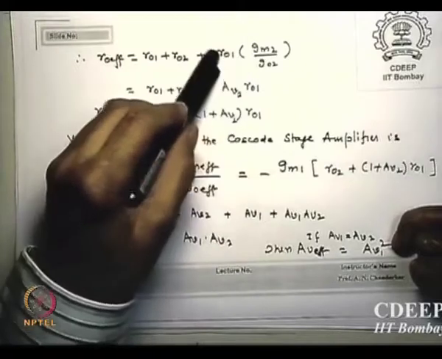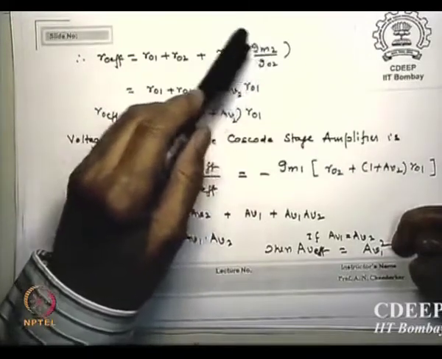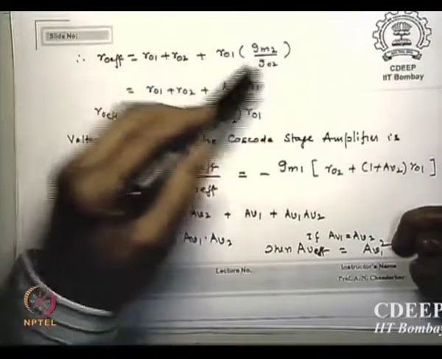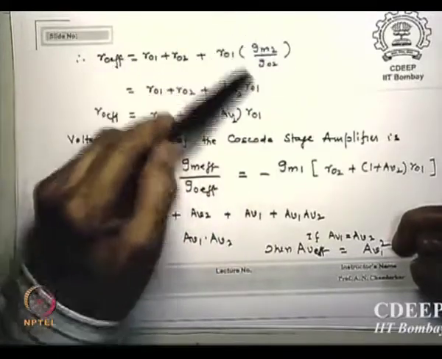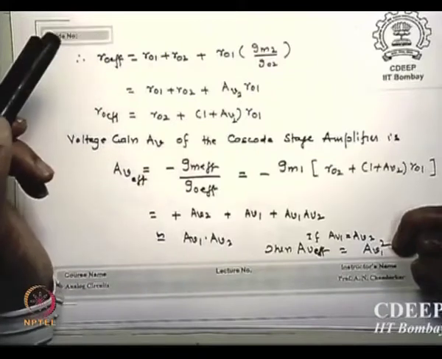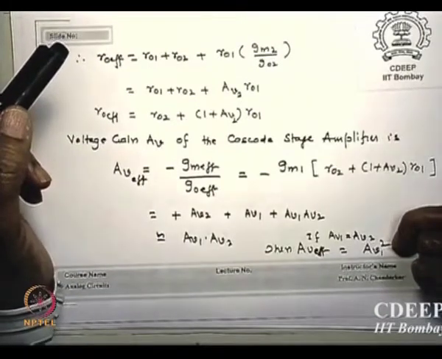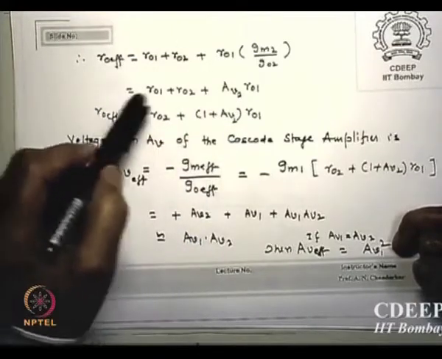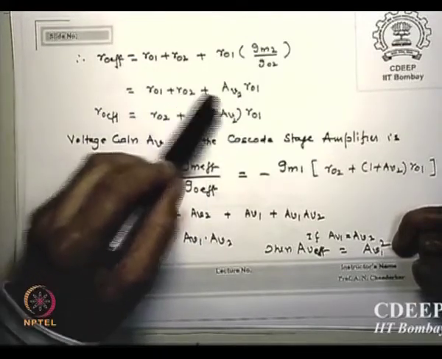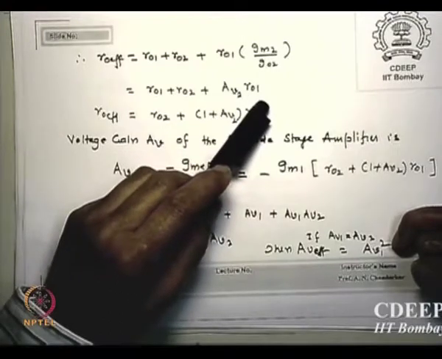This 1 upon GO1 I made into RO1 into GM2 by GO2, or GM2 RO2 also you can write, okay. But what is GM2 by GO2, or GM2 RO2? Gain of M2, AV2. So I write RO effective is RO1 plus RO2 plus AV2 times RO1.